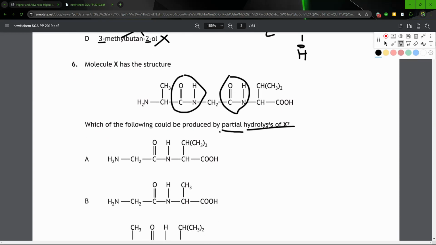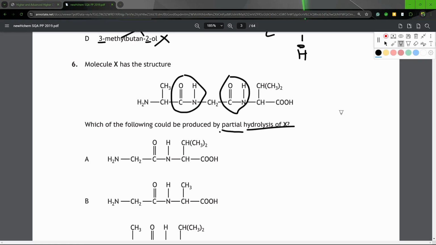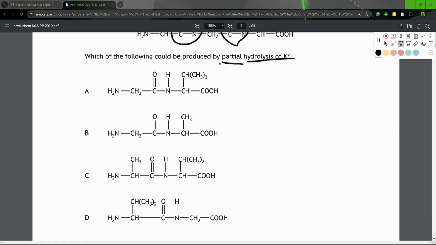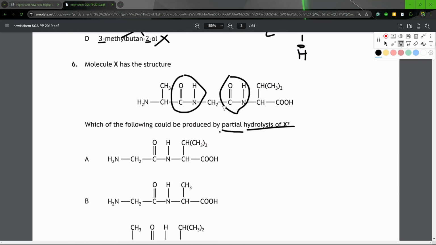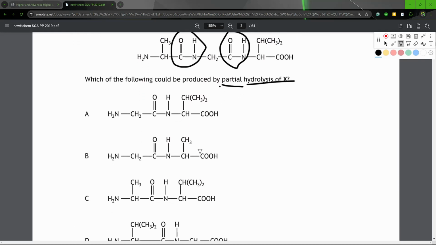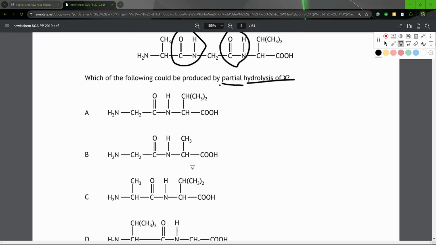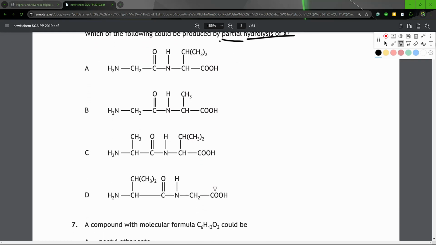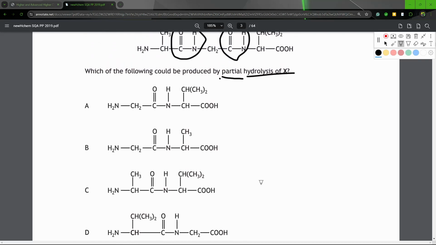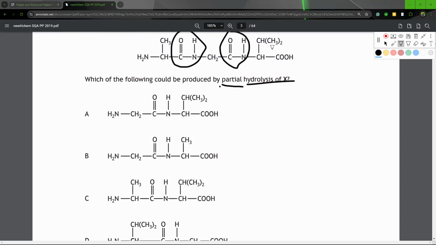So let's have a look down here just to see if we can see any obvious ones. We can just go through them. Start from the bottom up. I wonder why I'm doing that. We'll see. We can just start comparing it to this one.